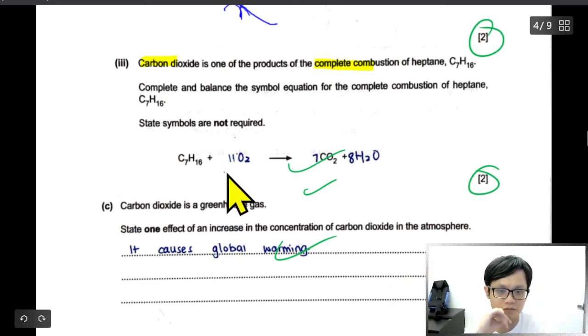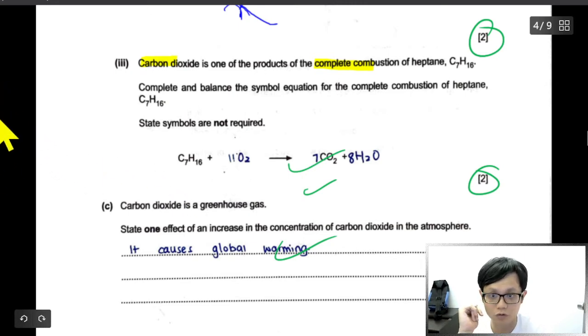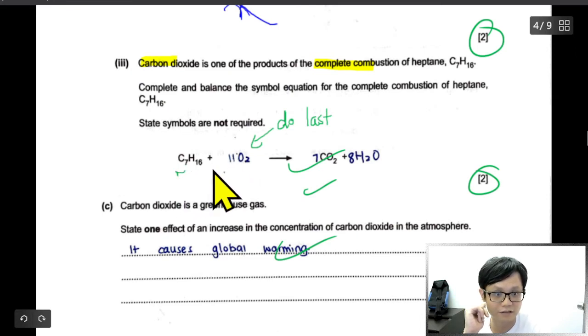Of course the student balanced it, but in case you don't know, always know that this one you should do last. Remember, the smallest one is last, because this number you can always change. Make sure you do this C7, so you balance the C, then H12, then you balance the H12.